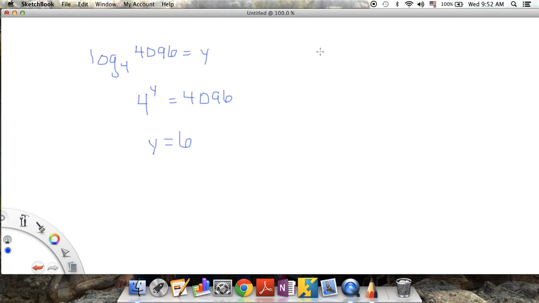If we have, let's say, log base 5 of 78,125 equals y, and we want to know what y is, we rewrite this as an exponential. 5 to the y power is 78,125. And then we want to figure out what our y is.